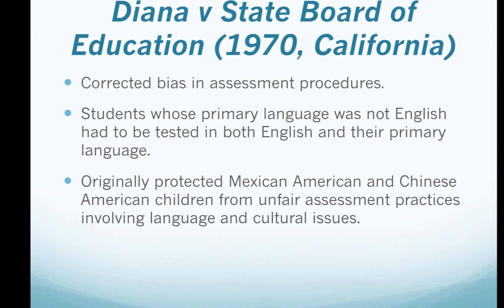So we must use more than one test. We must use a culturally fair and culturally free test as much as possible, and in their native language if it's appropriate.